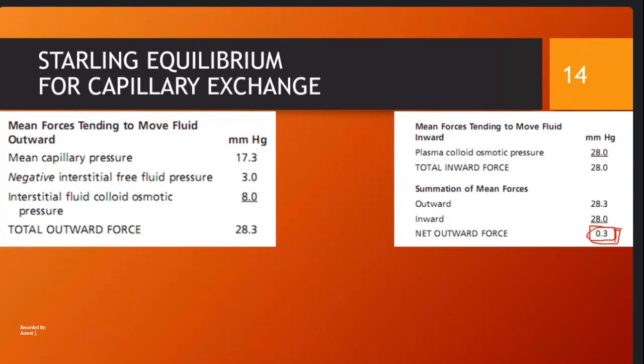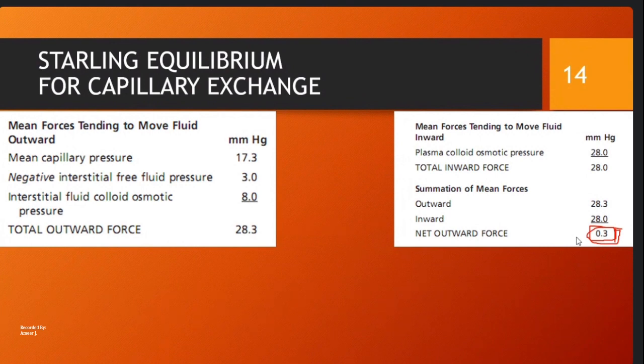But this small amount could generate a problem for us because it removes water from the blood, and over time it can be very dangerous because it lowers the blood volume and can even cause death. For this reason, we say that in a normal situation there is some filtration of water.